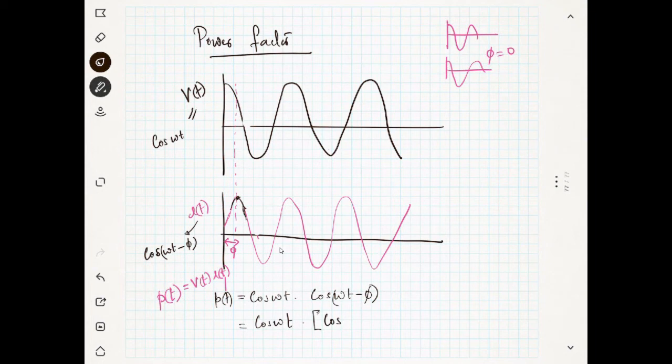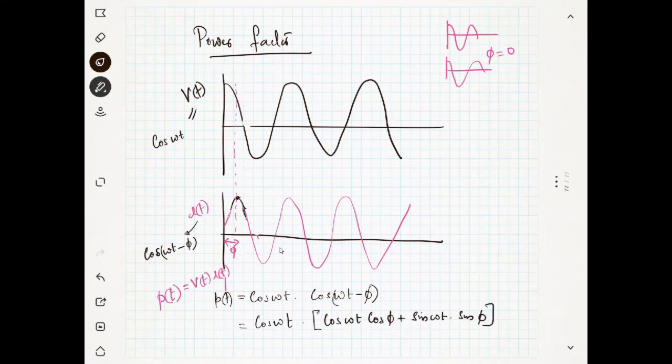Here it is minus. So it will be cosine A into cosine B plus sine A into sine B.